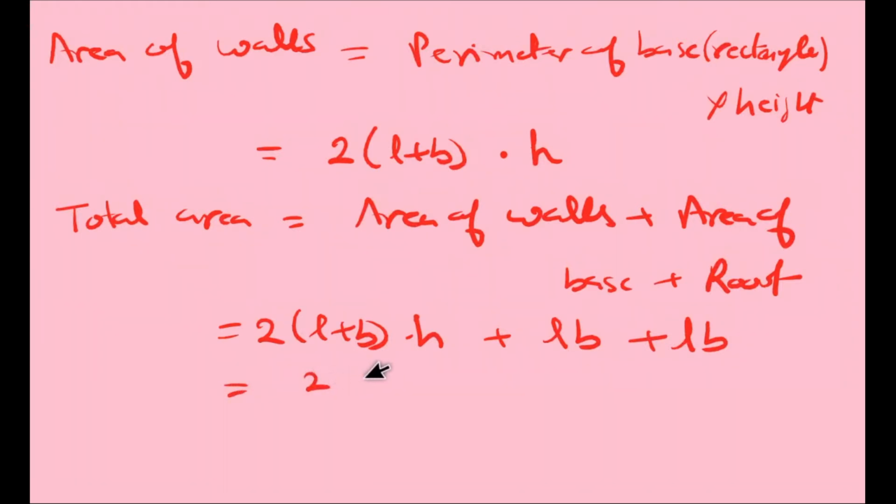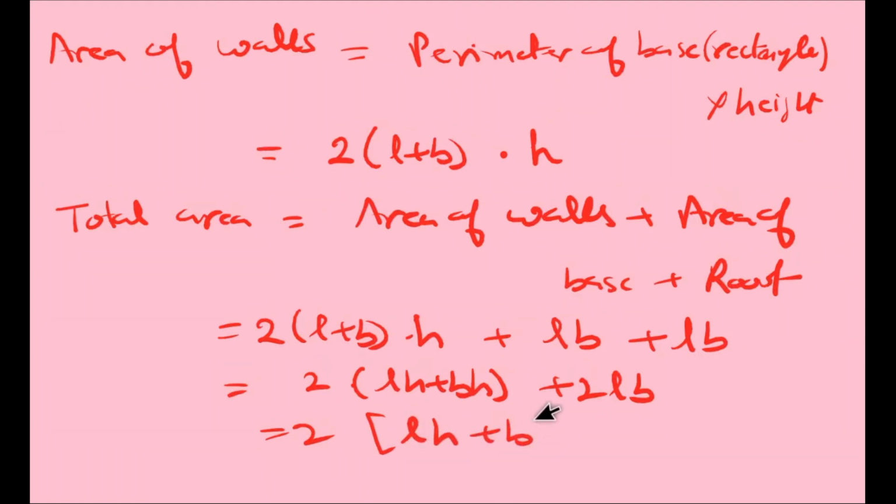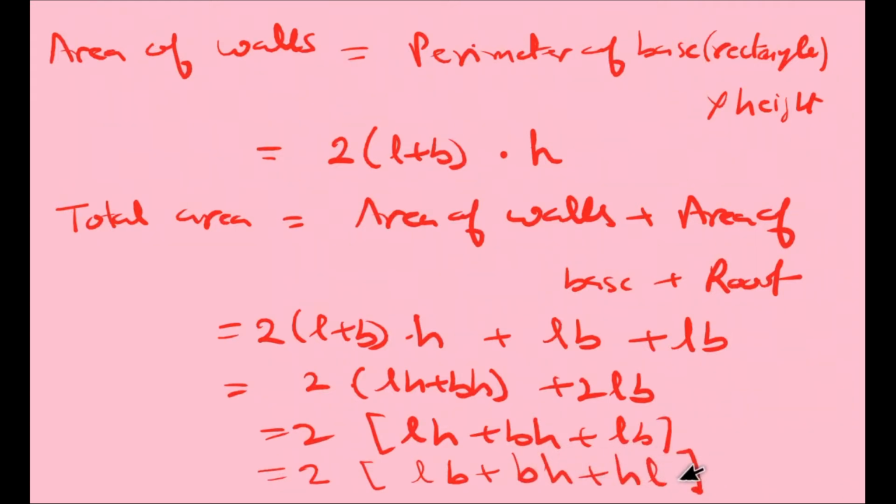So total is 2LH plus 2BH plus 2LB. Okay, taking 2 common, we get 2(LH plus BH plus LB), or in sequence we can learn this formula as 2(LB plus BH plus HL). Right?